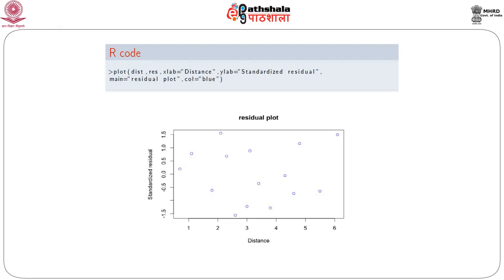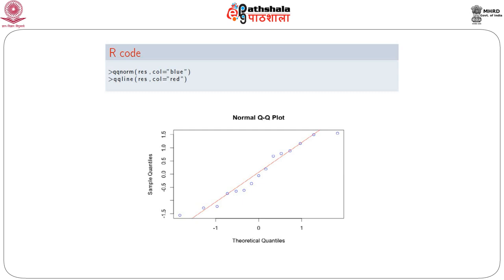And when we plot the standardized residuals against distance, which is our independent variable, we see a fairly scattered plot without any pattern, which tells us that all the assumptions of the linear model hold good in this case. We also further perform the QQ norm plot, and from the plot we can see that the plotted points are on a somewhat linear trend, and thus we can conclude that the linear fit to this data was fairly good.